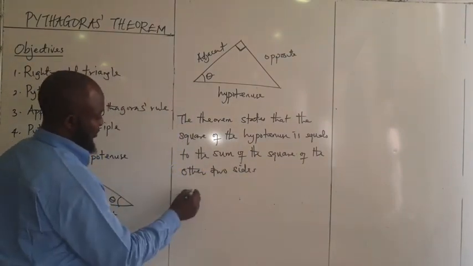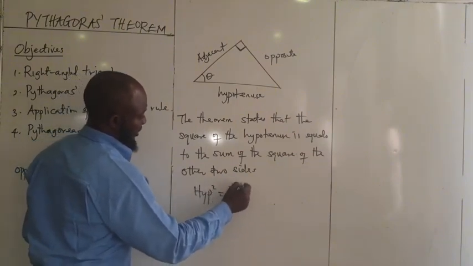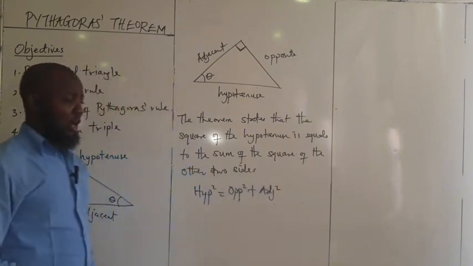So what this means is that hypotenuse squared equals opposite squared plus adjacent squared. I hope I'm making sense.